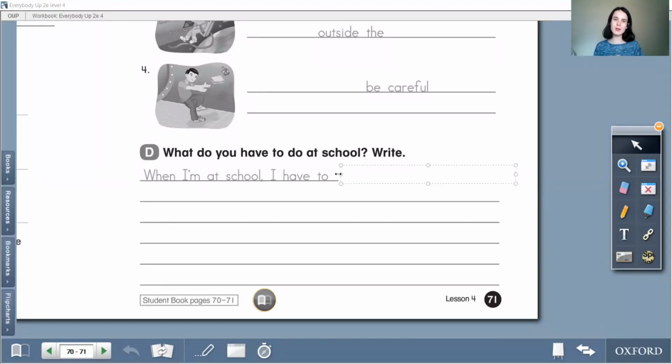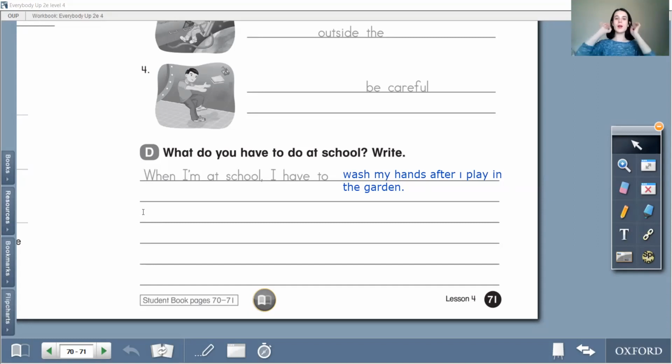wash my hands, right? After I played in the garden, right? I have to wash my hands after I play in the garden, for example. Or I have to be careful while walking on the floor, right?